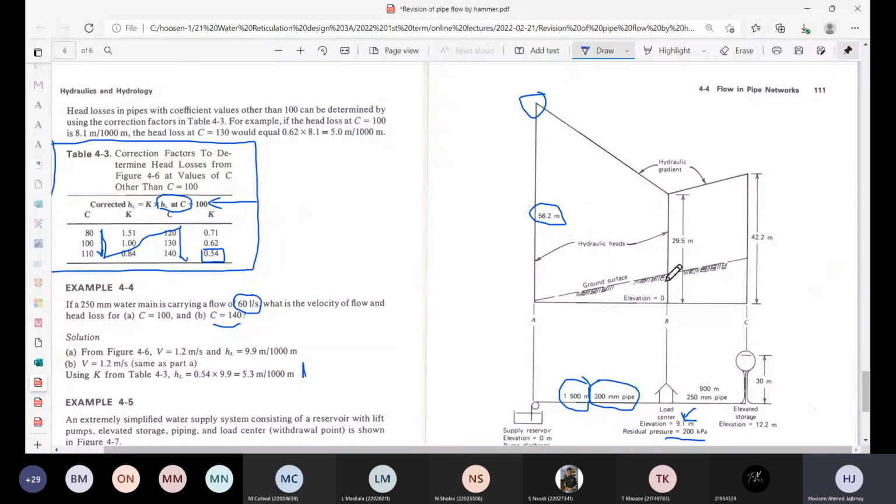If I were to drill a hole in that pipe at point B and put a piezometer tube in there, that's the pressure reading I would get, 200 kPa.